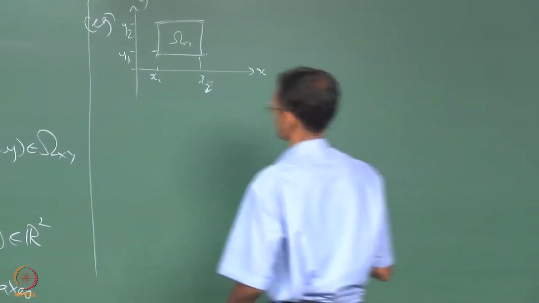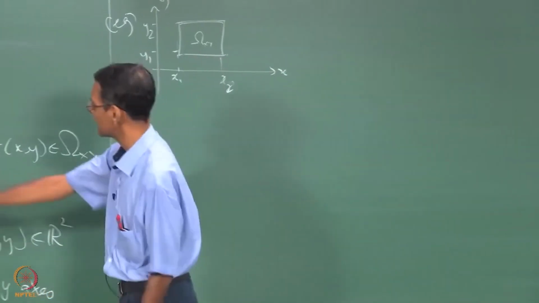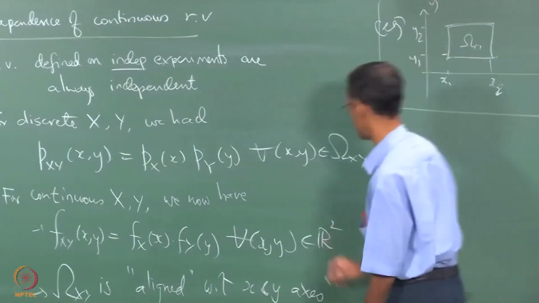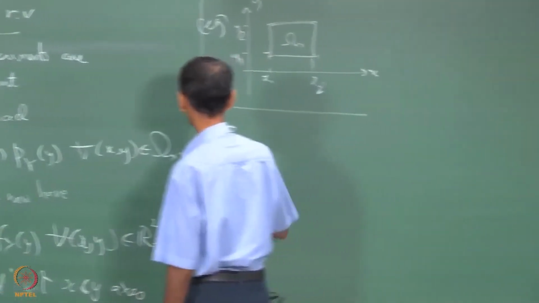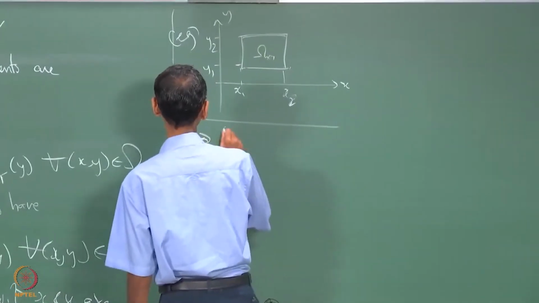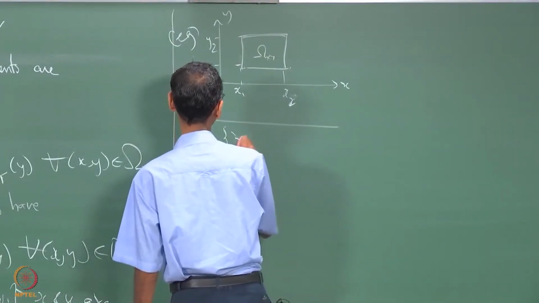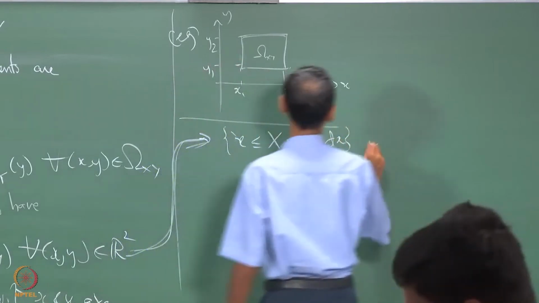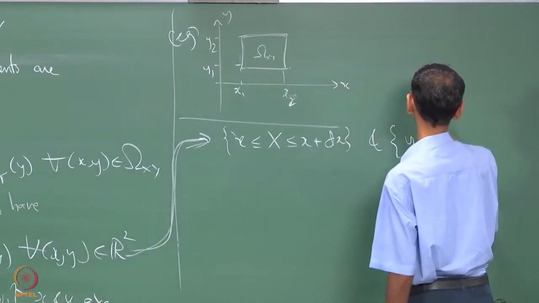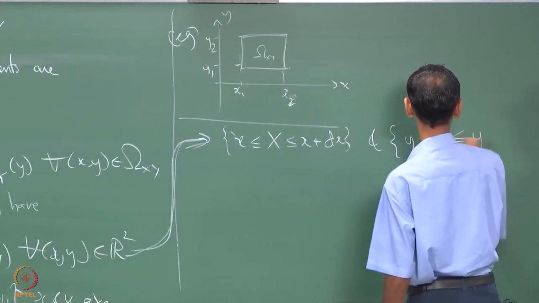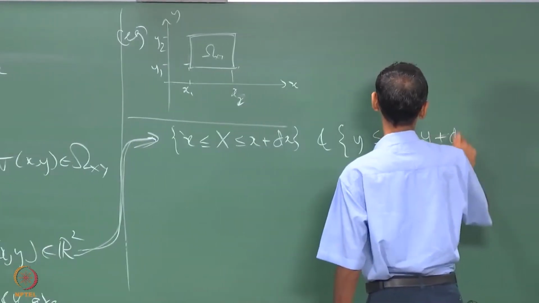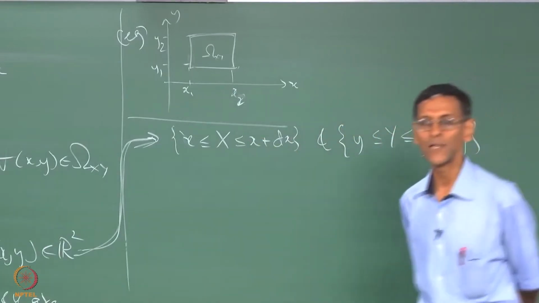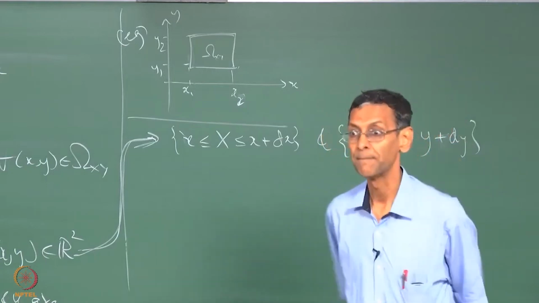Okay. So a consequence of this is that the events, x is between small x and x plus dx, and capital Y takes values between small y and y plus dy, these two events are independent for every value of small x and small y.